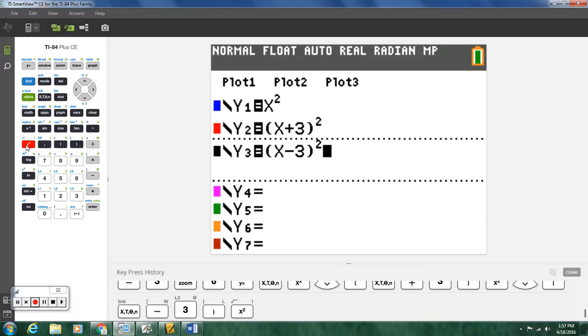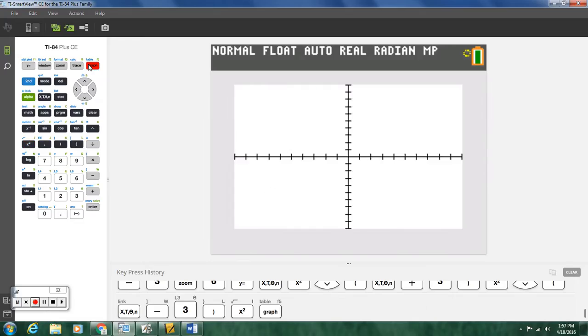Standard window again. So your blue is the parent function. We already know what it looks like. The red is the x plus 3, and the gray is the x minus 3. Everybody get that? You need to have those three graphs on your paper.